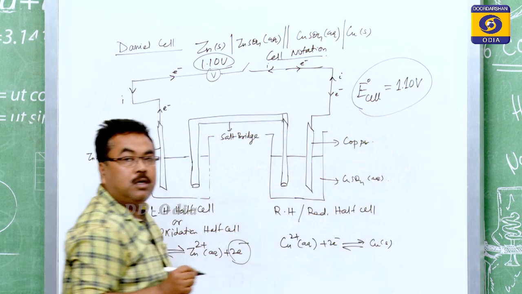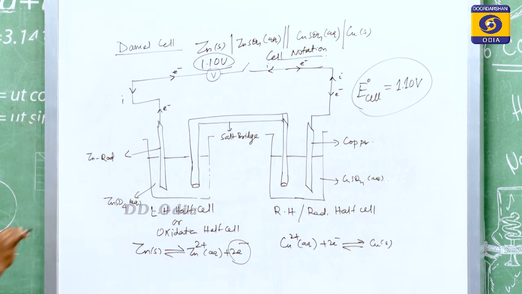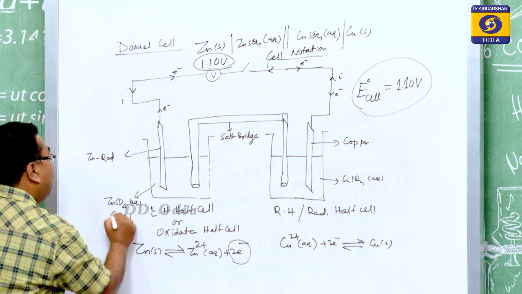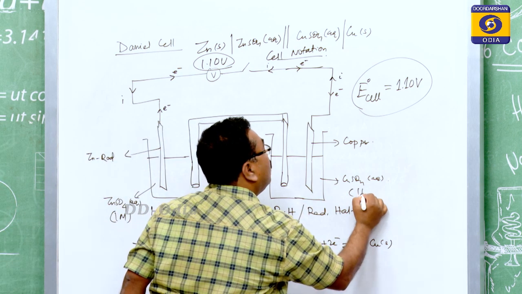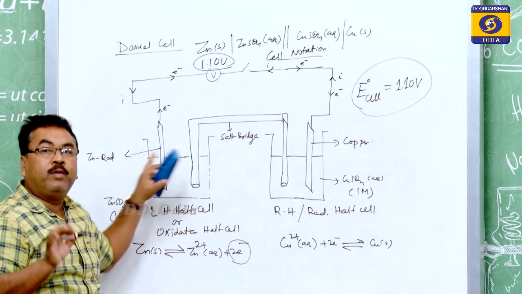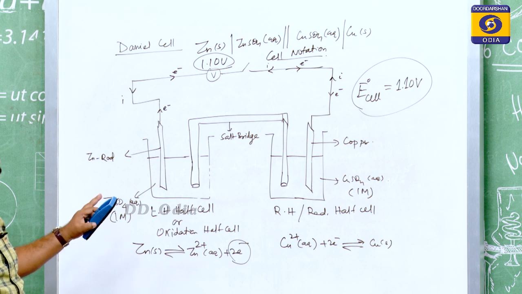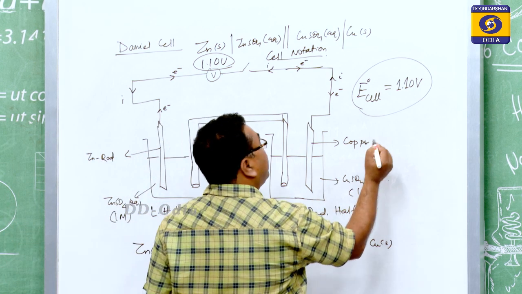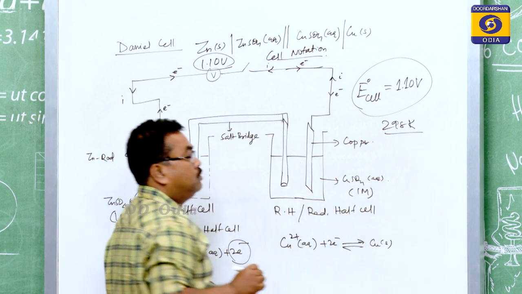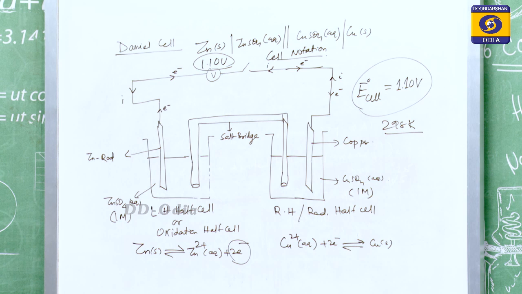Standard condition means the concentration of zinc sulphate will be 1 molar, and that of copper sulphate will also be 1 molar. All the zinc and copper will be in pure form, and the temperature will be 298 Kelvin. In this condition, this particular Daniell cell produces 1.10 volt of electricity.